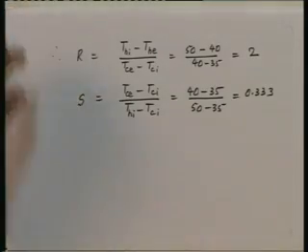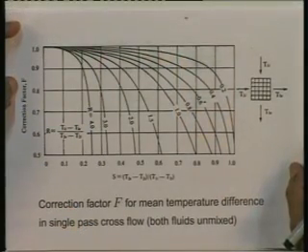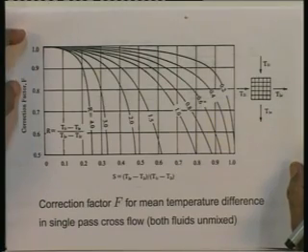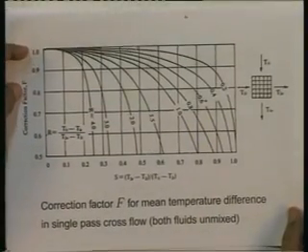Now, we go to the figure which I had shown you earlier for the results obtained for single pass cross flow. Recall, I had given you some situations there, so let us show that figure again. Both fluids unmixed. Here is the correction factor F for both fluids unmixed. In this case, R is equal to 2 and S is equal to 0.333.